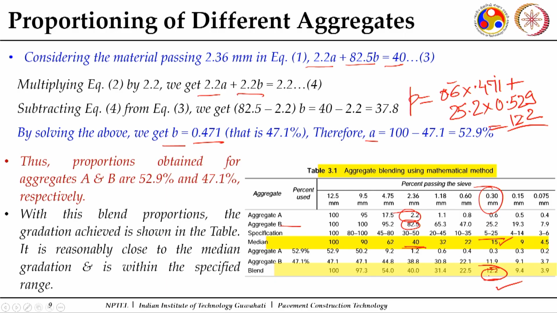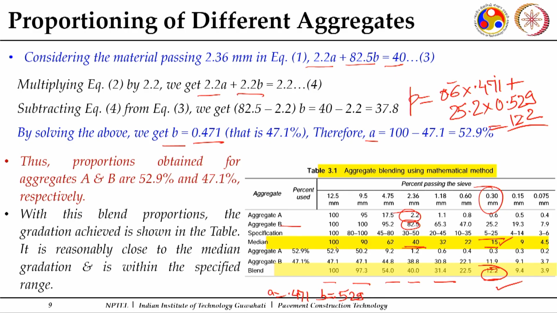The target was 15. Whether it is coarser or finer, it is coarser, because I wanted to target 15% material passing, but mine is only 12% passing. So my material at this sieve is coarser. Now with this particular blend, I am trying to see whether what I arrived at, 0.471 and 0.529, is coming within the ranges.